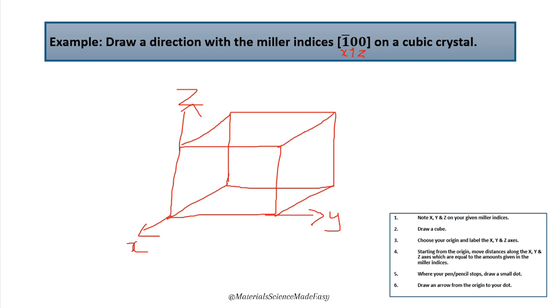And then I move -1 in the x direction, 0 in the y and 0 in the z. This is where I end up. And then drawing my arrow. Is that what you got, guys? Please tell me that this is what you got. There's a solution. Easy, right?